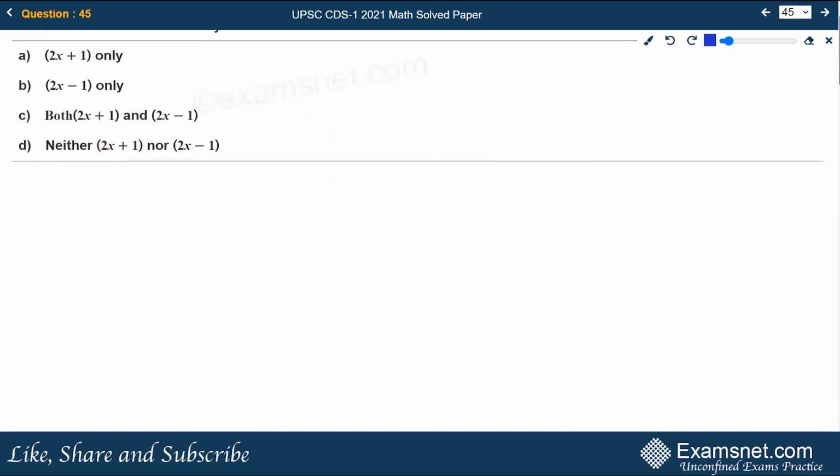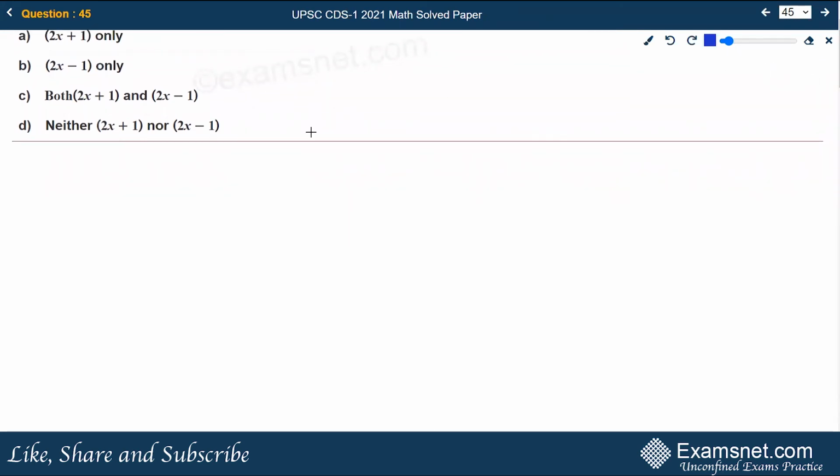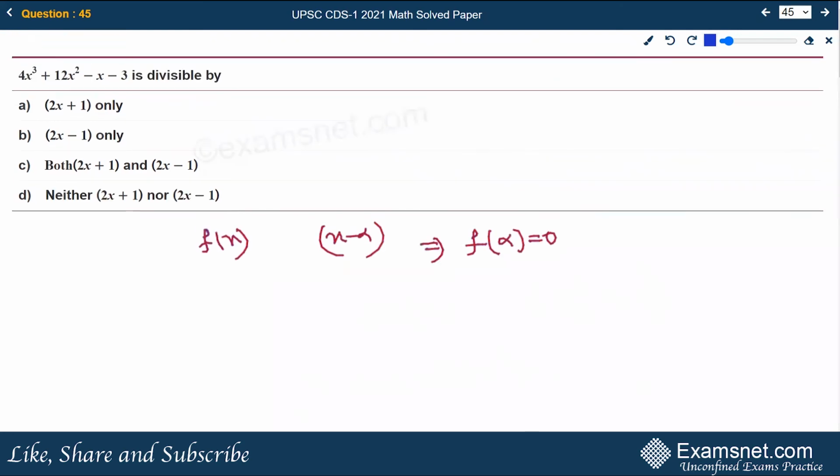Now, let me make you remember what the factor theorem is. Factor theorem says that if f of x is a polynomial, and x minus alpha is a factor of this polynomial, then we can write f of alpha equals 0. That is what factor theorem states. So let's look at the given polynomial, that is 4x cube plus 12x square minus x minus 3. Let's name it f of x.